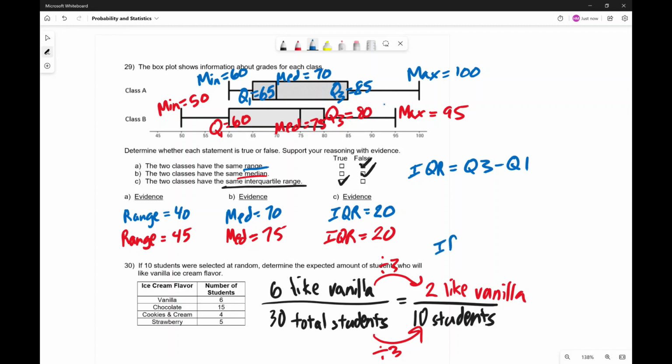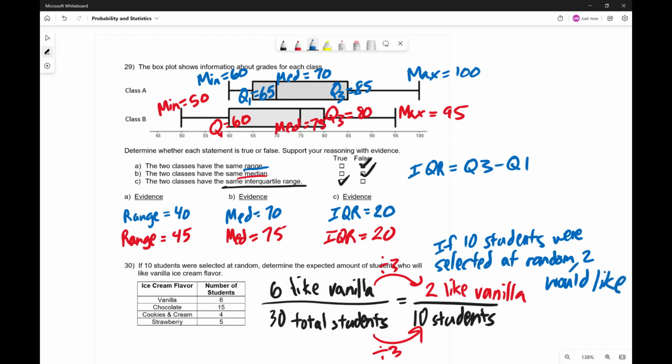If 10 students were selected at random, two would like vanilla. And that is our solution.